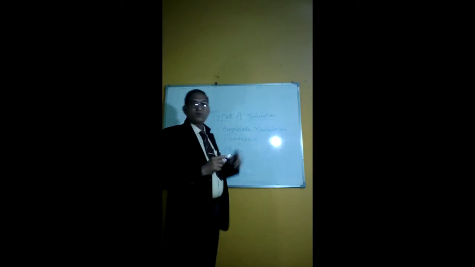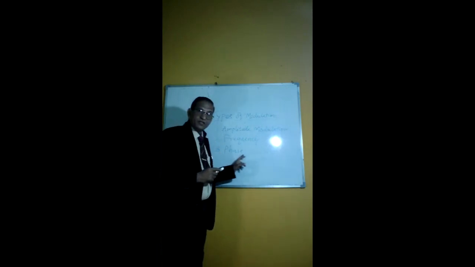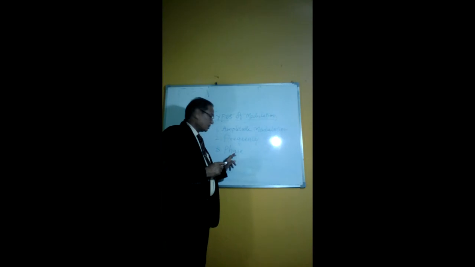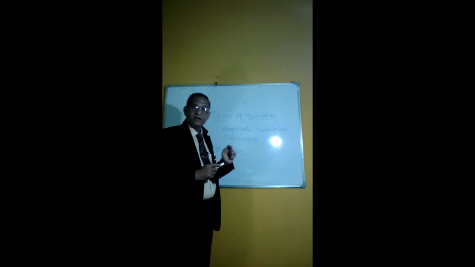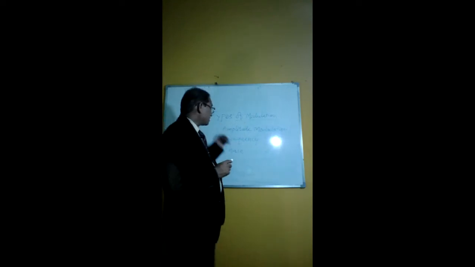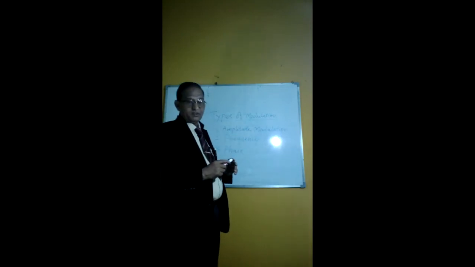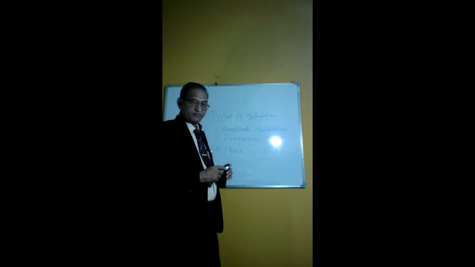And the third one is phase modulation. The phase of the carrier wave is changed in accordance with the signal wave, keeping the other two, amplitude and frequency, constant. Okay, so one by one we will see.